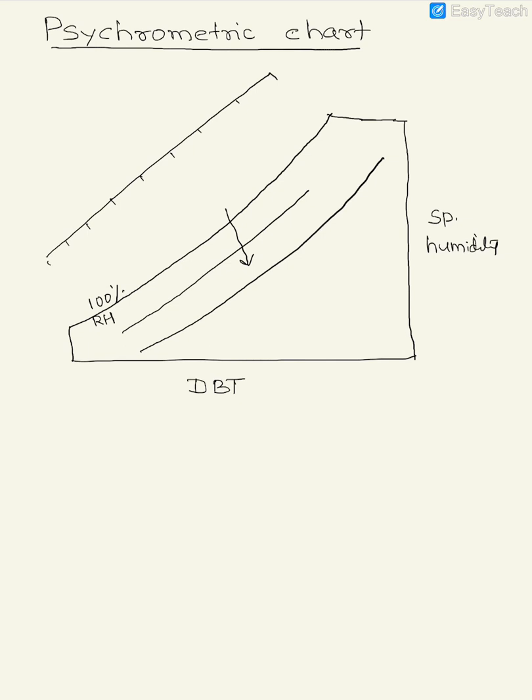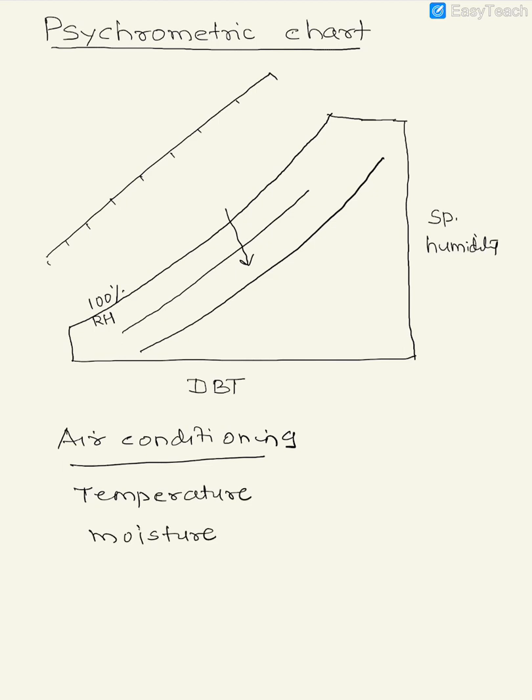Now, air conditioning, you all know, is basically about changing the parameters of moisture, and changing the parameters means changing the temperature and changing the moisture content.